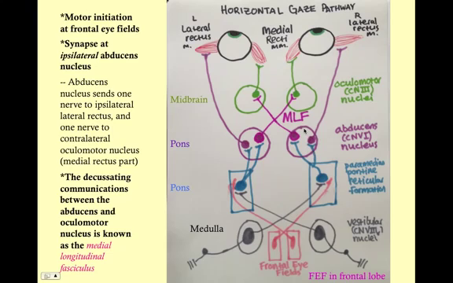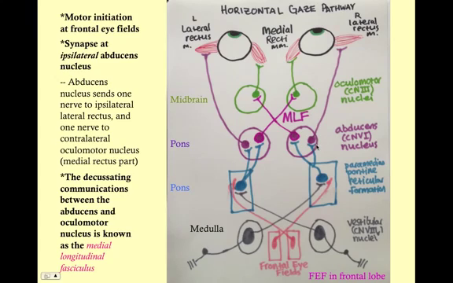And so whenever the abducens nucleus is stimulated, not only does it stimulate the abducens nerve, but it also stimulates this MLF, the medial longitudinal fasciculus. And these exist on both sides, obviously, and it stimulates the medial rectus part of the oculomotor nucleus, which allows that medial rectus to contract.